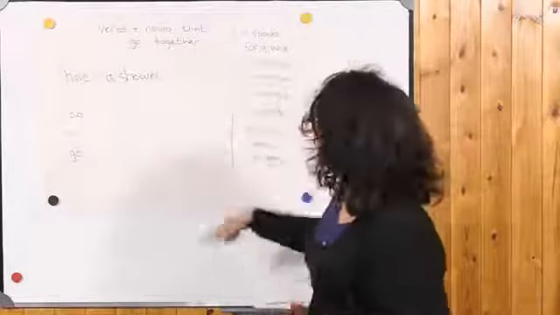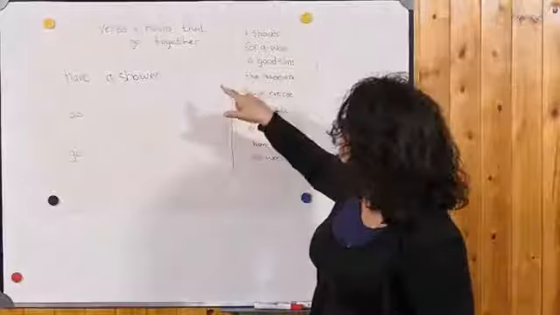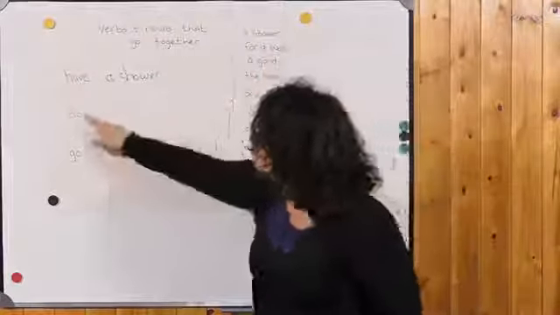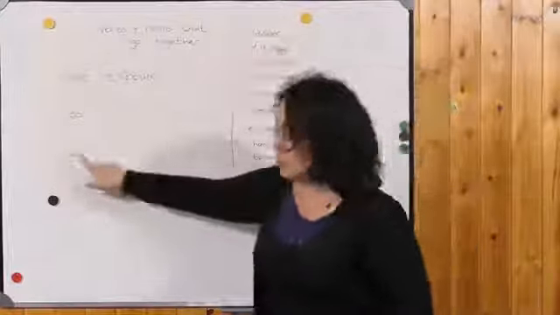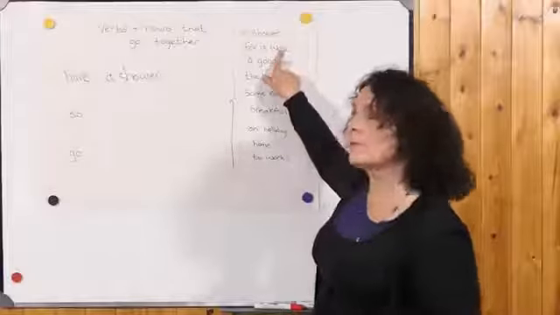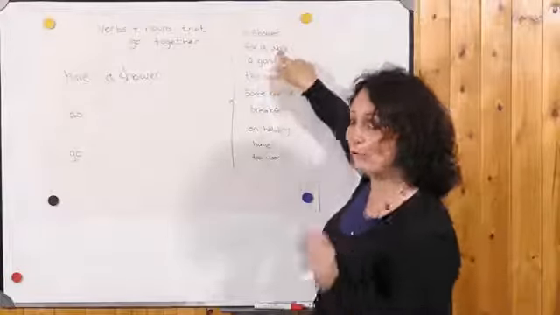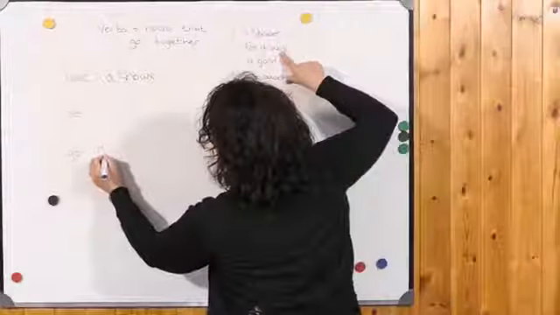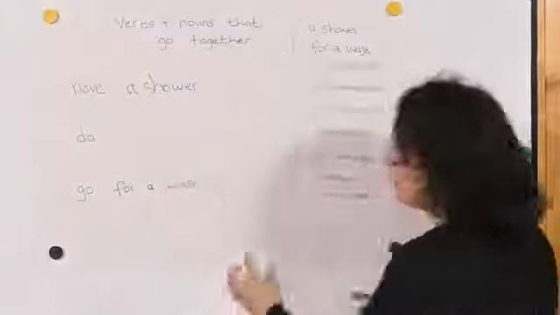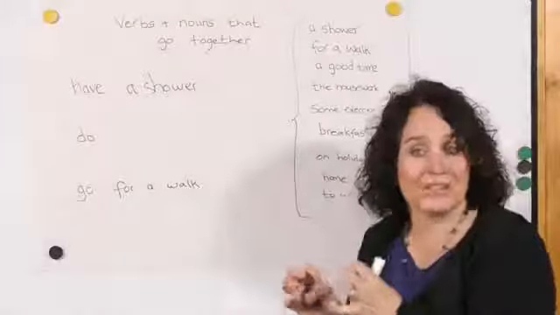Now, do we say have for a walk, do for a walk, or go for a walk? Which one? Yes, we say go for a walk. So these are expressions that go together.